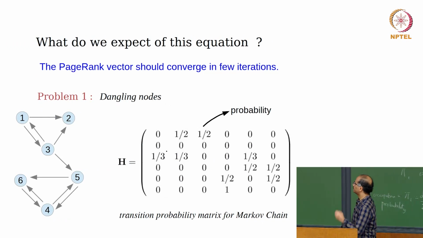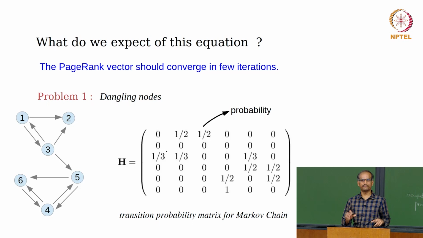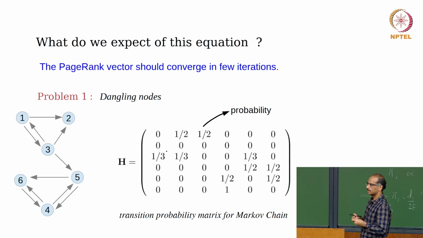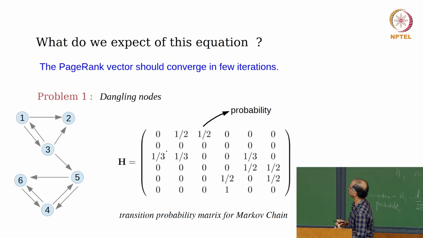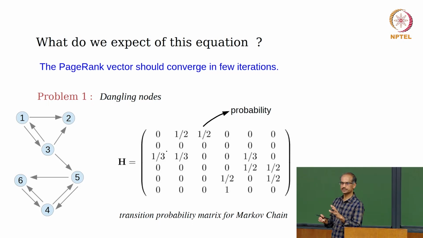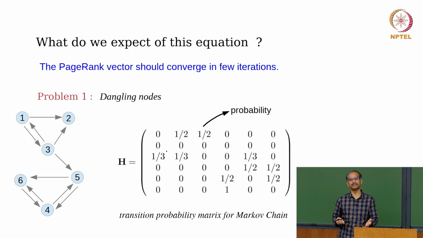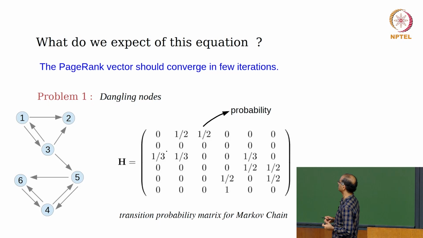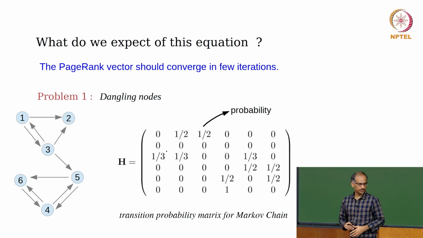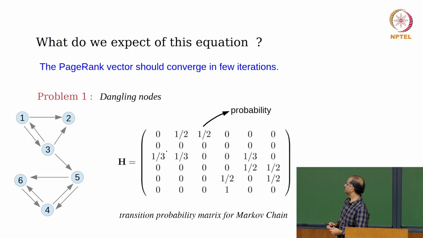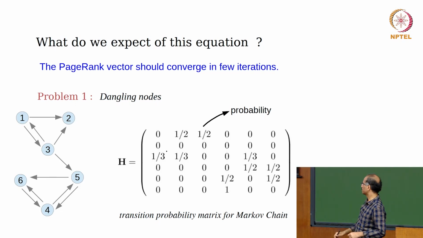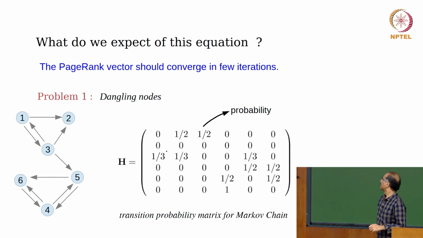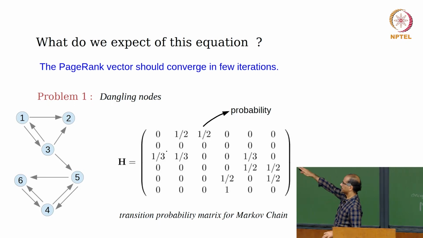There are two problems with this straightforward formulation that looks very similar to what we have been doing since yesterday. We want this PageRank vector, which is simply the invariant probability distribution, to converge. But there are two problems. If I look at this very simple graph of 6 nodes and some directed edges, the first thing is that there are dangling nodes.